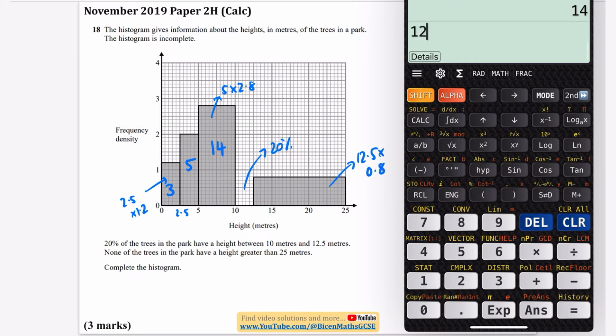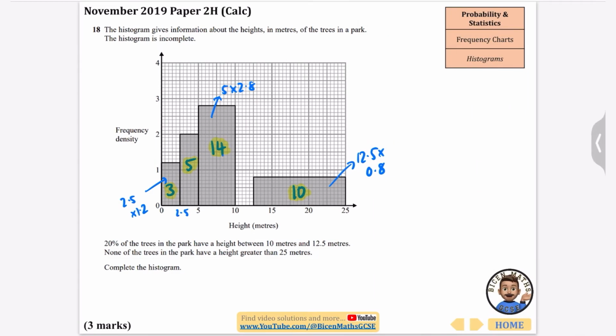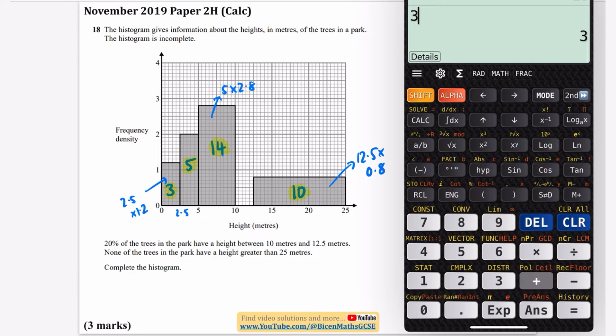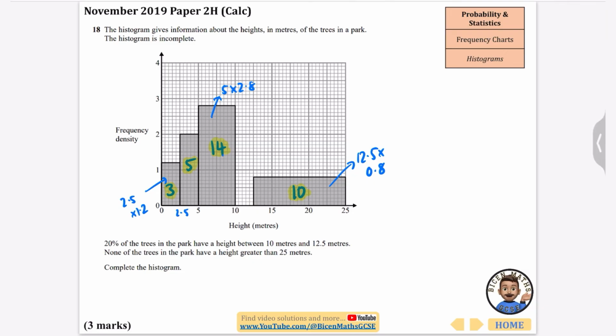So we're going to do 12.5 times 0.8, which is 10. So there are 10 trees here, and this is about 20%. So the areas are 5, 3, 14, and 10, and they must represent 80%. So very quickly, if I do 3 plus 5 plus 14 plus 10, 32 trees are 80%.